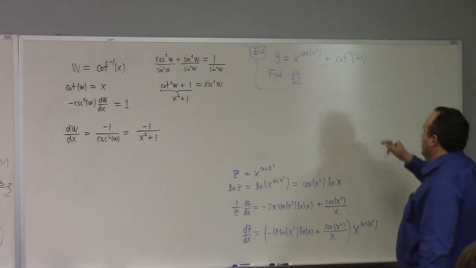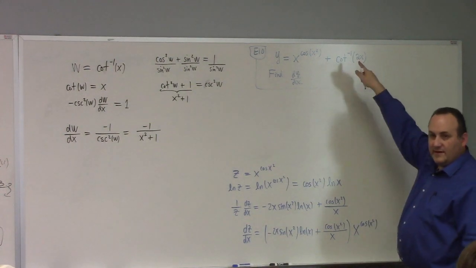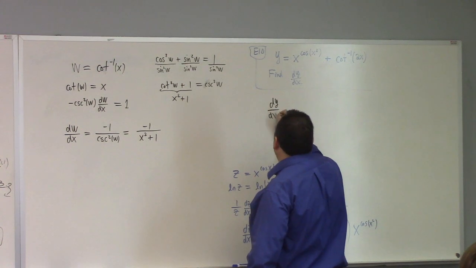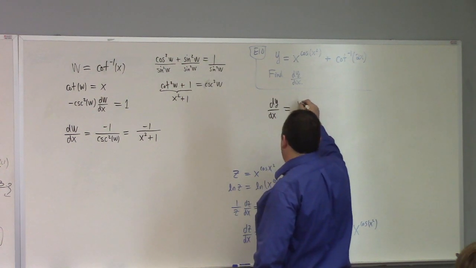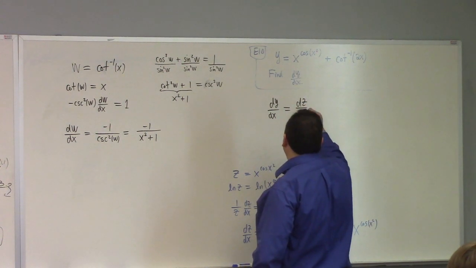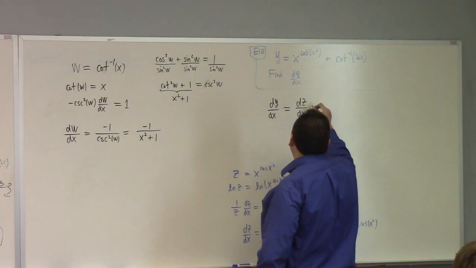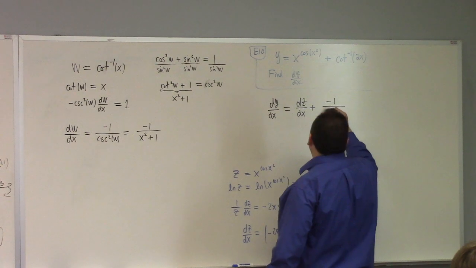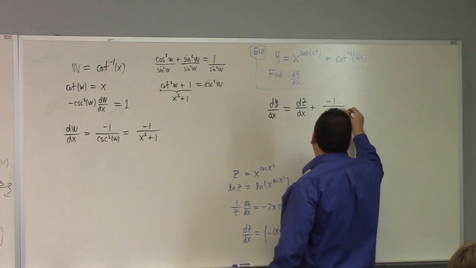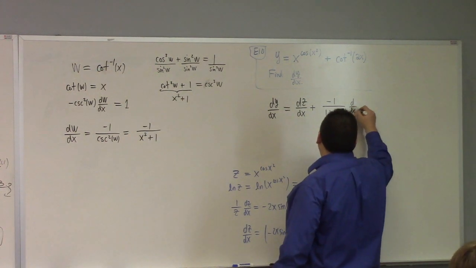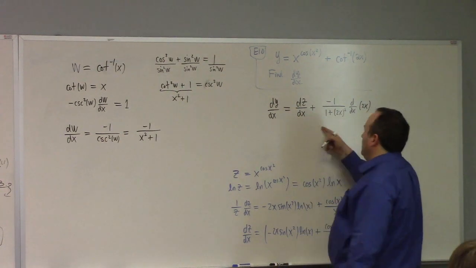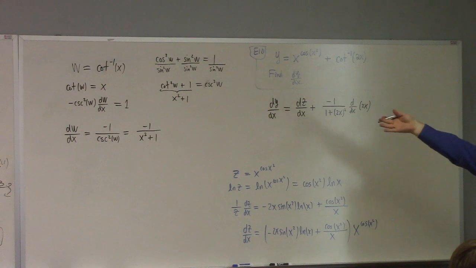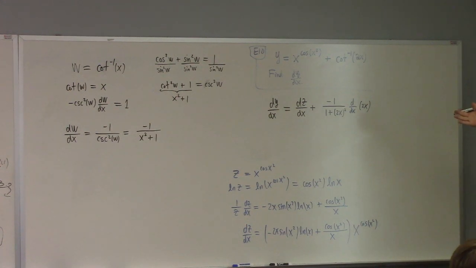Annoyingly, I put a 2 here, right? So what's the answer? dy dx is equal to the dz dx I just found, plus minus 1 over 1 plus 2x squared times d dx of 2x. So here I'm doing the chain rule for the inverse cotangent using the derivative we just derived. Right?